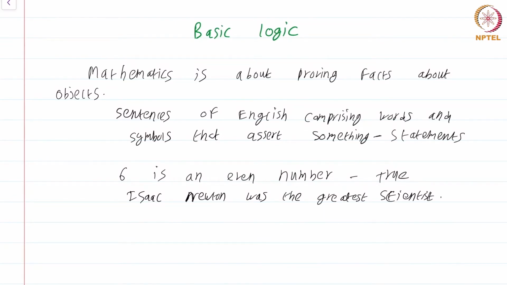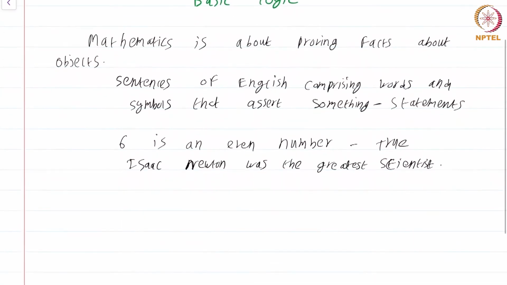How one defines objects and how one manipulates these definitions to prove interesting theorems is using logic. That's what this module is about. So this second statement, even though it asserts something, is not a mathematical statement. So mathematics will not say true or false about this.